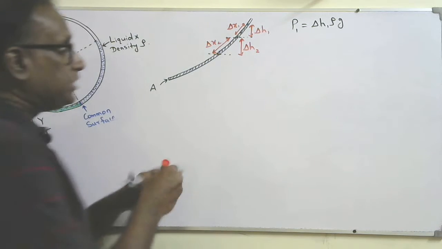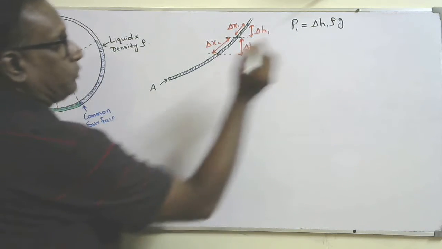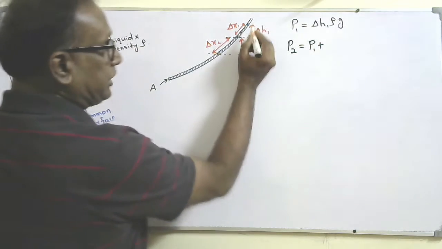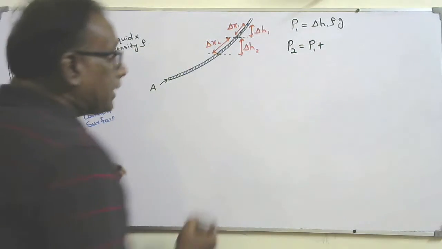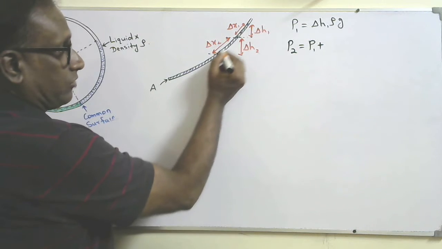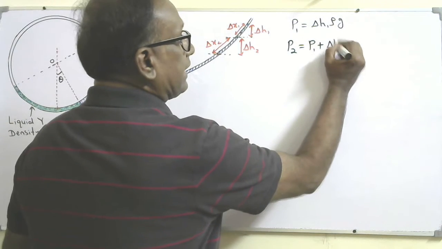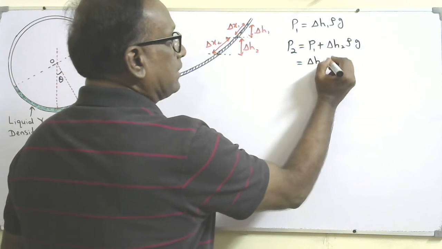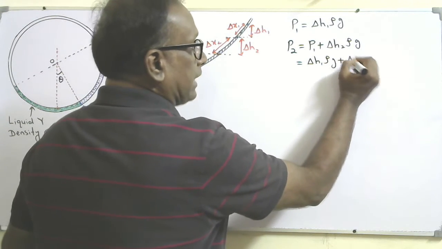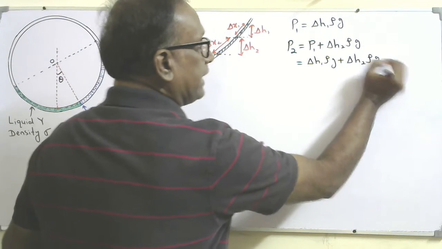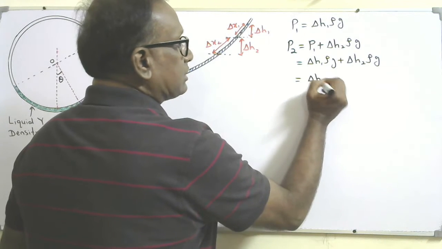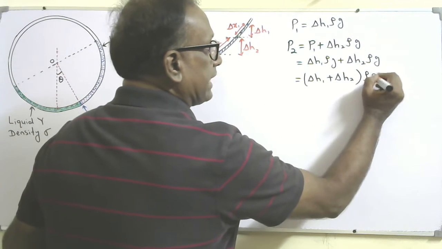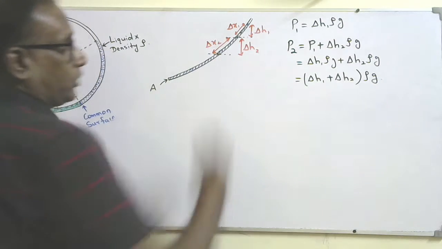So I can say P2, that is the liquid pressure at this point, is equal to P1, the pressure due to this length of liquid column, plus the pressure due to this length of liquid column, that is delta H2 rho G. So P2 is equal to delta H1 rho G plus delta H2 rho G, so I can say (delta H1 plus delta H2) rho G. That is the pressure at this point.